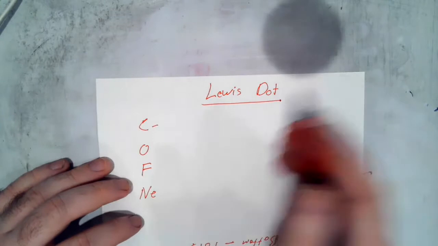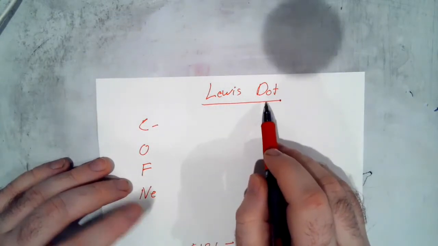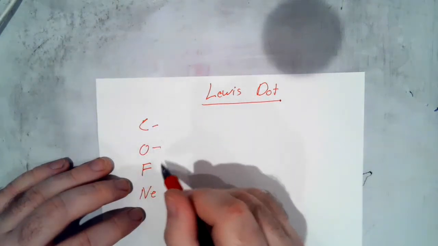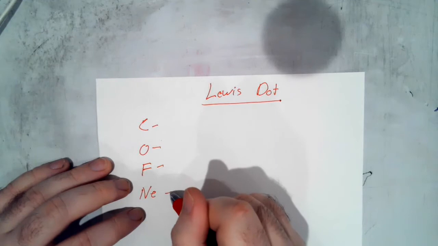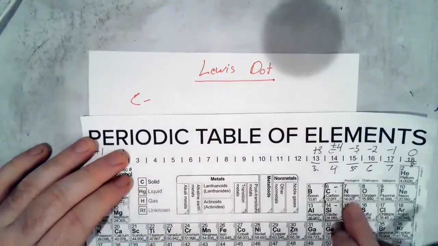So Lewis dot is just placing the proper number of valence electrons around each one. So in this case, what was the first one? Carbon, right? So carbon's the first one. We go over to carbon.